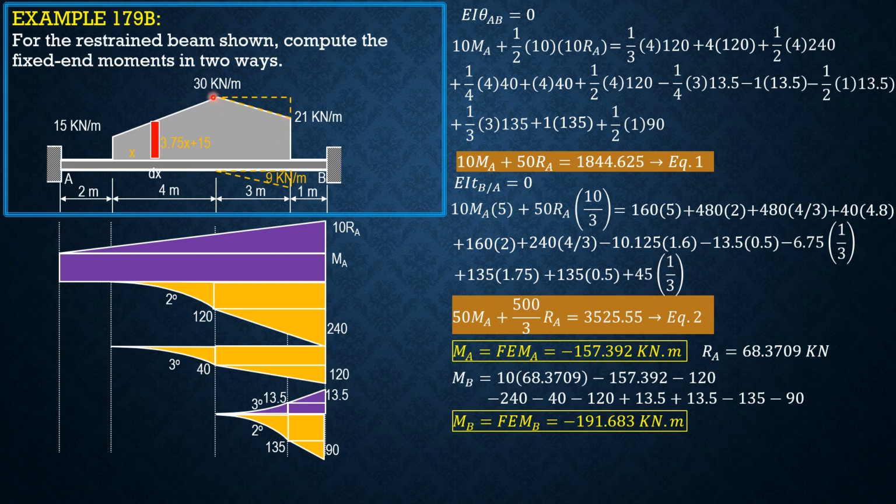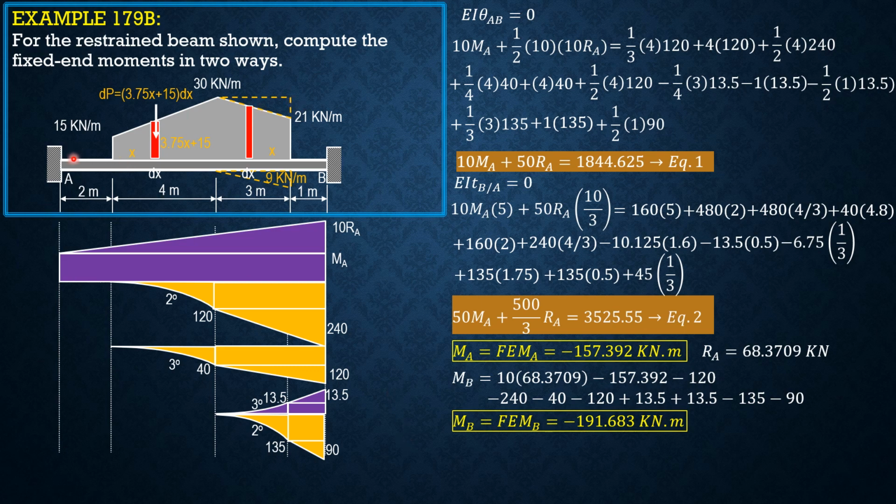So this is w minus 21 as to, let's call this distance x from the right. Then w minus 21 as to x equals 30 minus 21 is 9 as to 3. Therefore, the intensity here is 3x plus 21. So the differential force is 3x plus 21 dx.